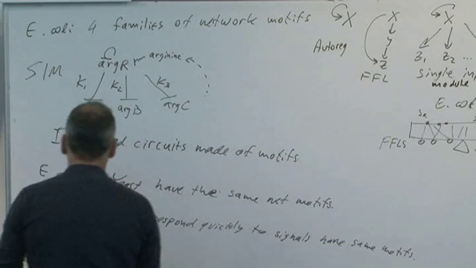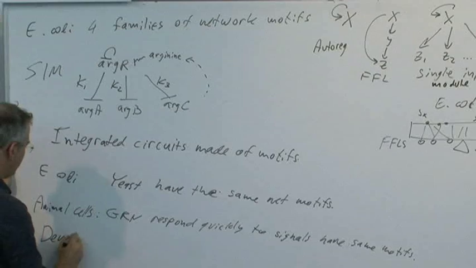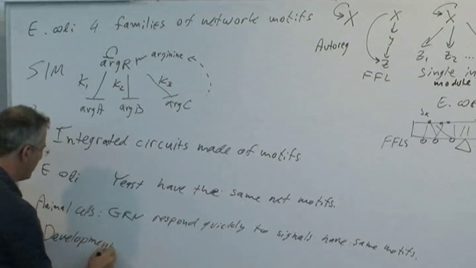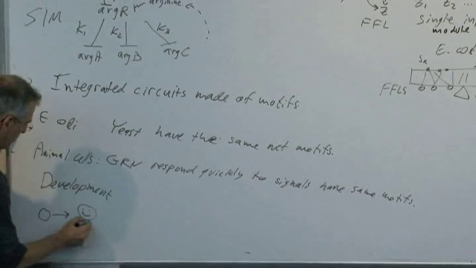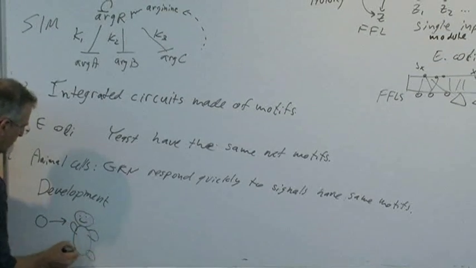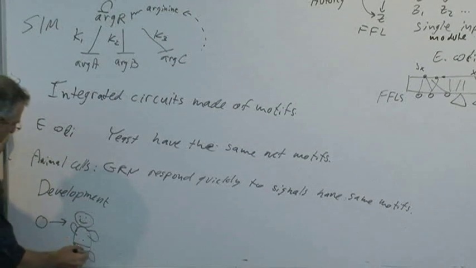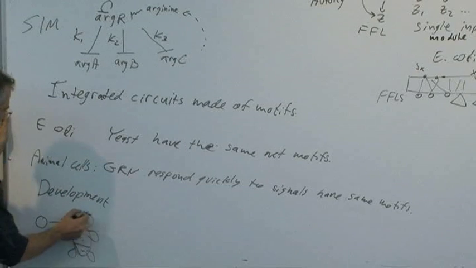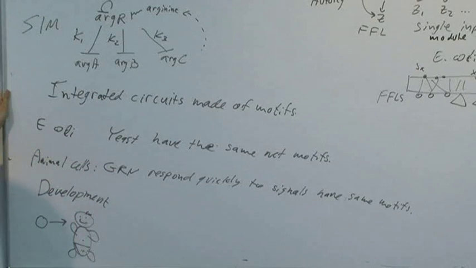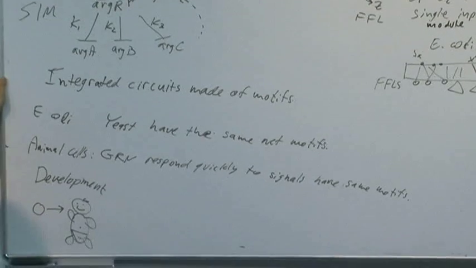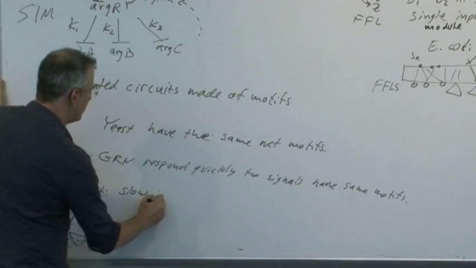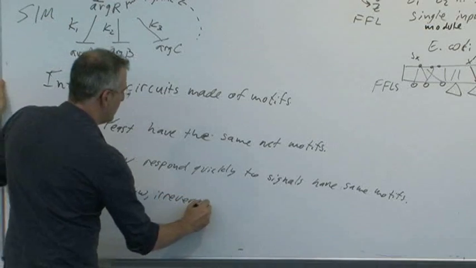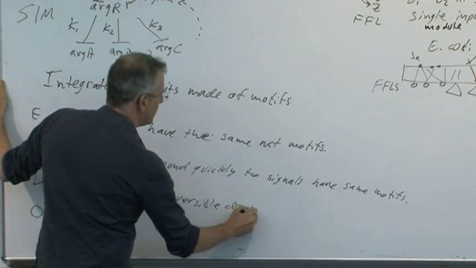And then there's also what's called development, which is the problem of going from an egg to a baby. I have a baby now, 1-year-old baby. And there you need to make slow, irreversible decisions.